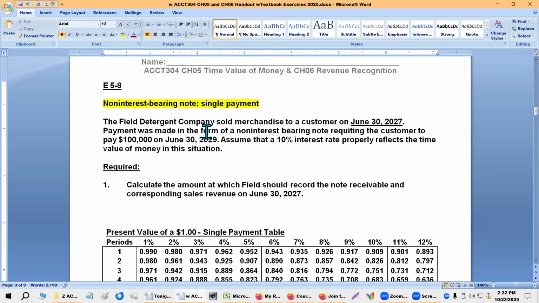The payment was made in the form of a non-interest bearing note, requiring... I guess requiting is a word, but this should say requiring. You could change that one. It's an error. I did spell check this, but I guess requiting is a word.